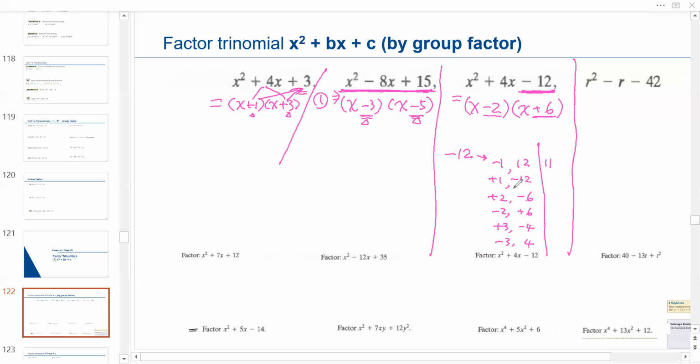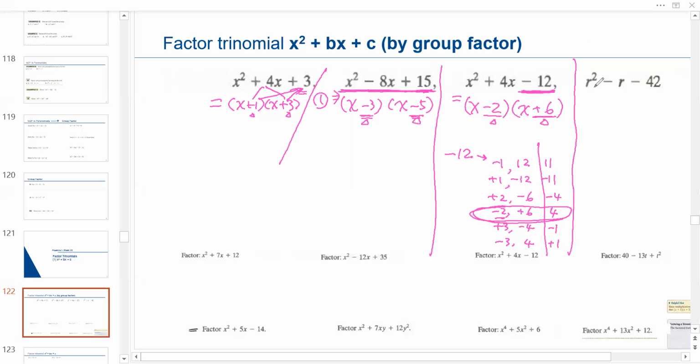The sum of them here is 11, here is -11, here is -4, here is +4. Here is -1, here is +1. So the sum that matches B is +4, right? So -2, +6. That's it.